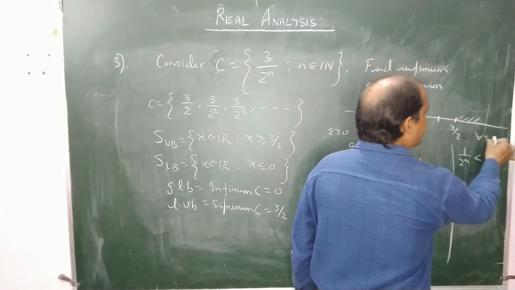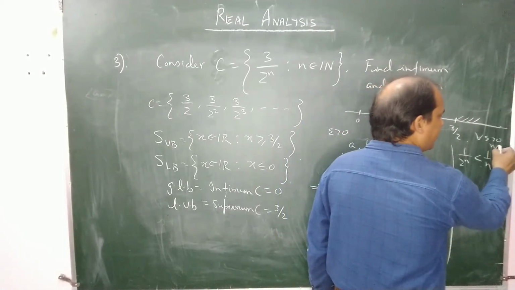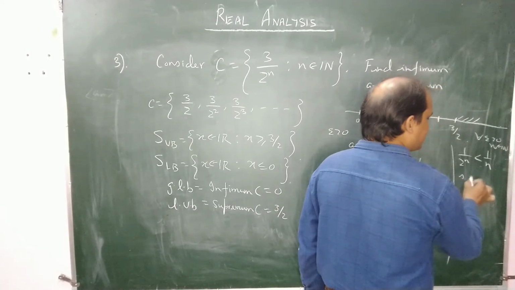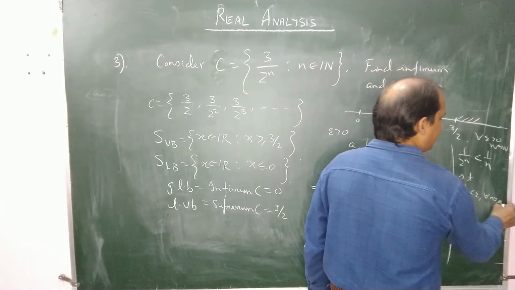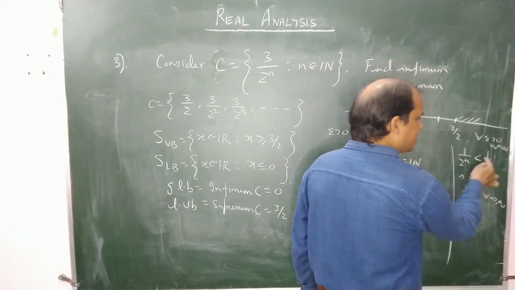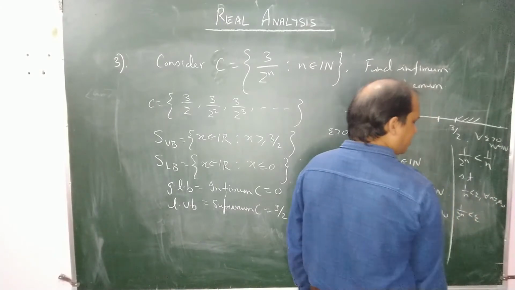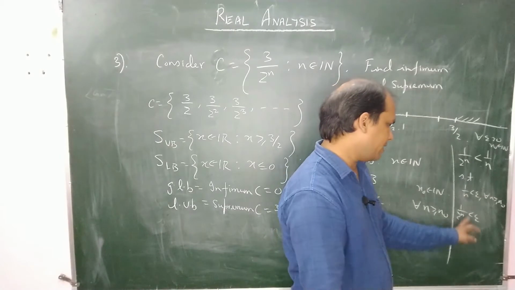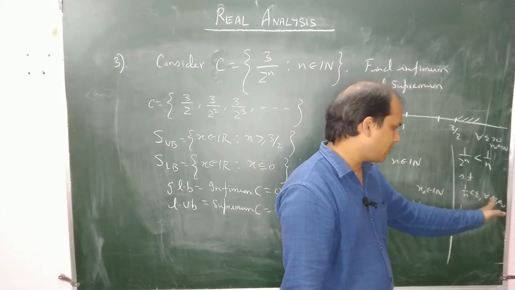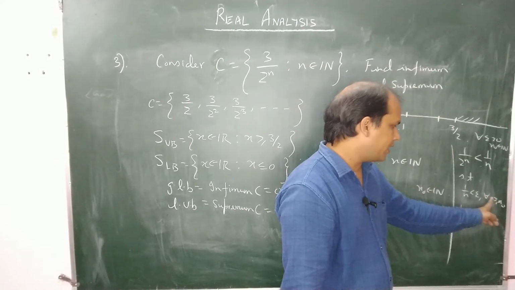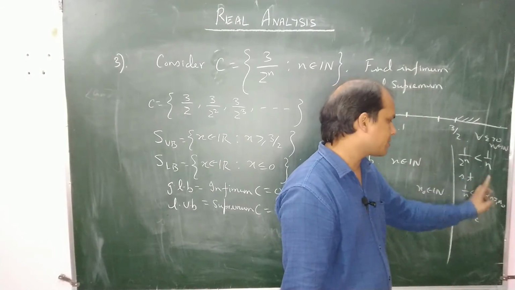Whatever epsilon greater than 0 is given to us, one can always find some n naught belonging to N such that 1 by n is less than epsilon for every n greater than or equal to n naught, and 1 by 2 to the power n is less than 1 by n. So I can say that 1 by 2 raised to the power n is less than epsilon for all n greater than or equal to n naught, because 1 by n is less than epsilon.